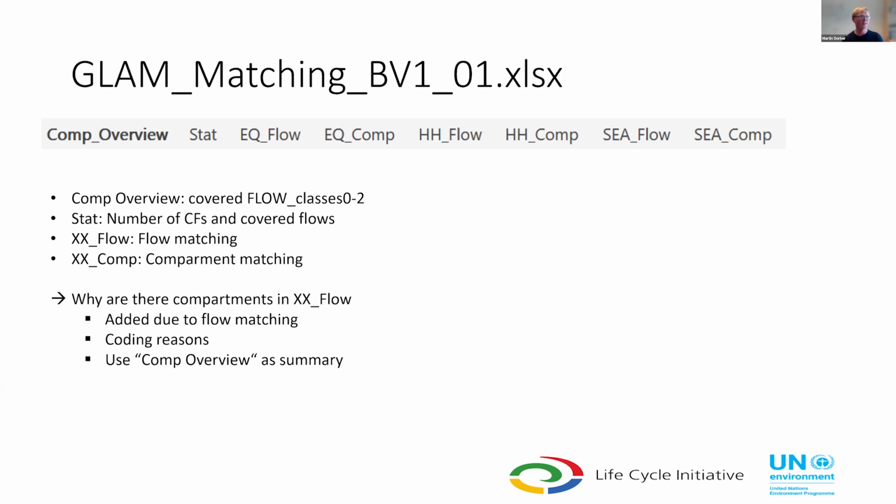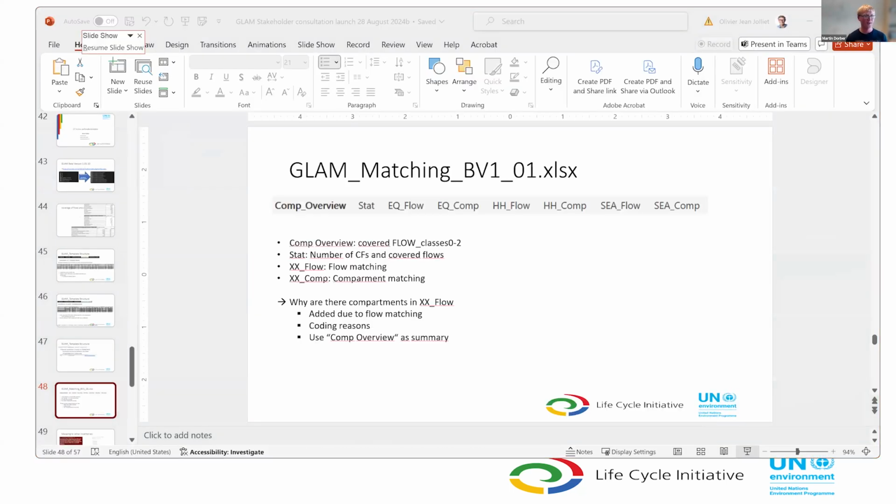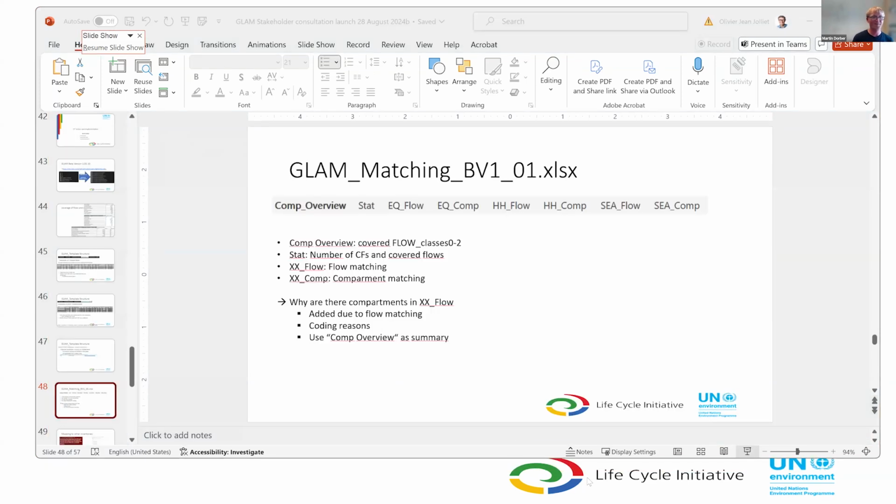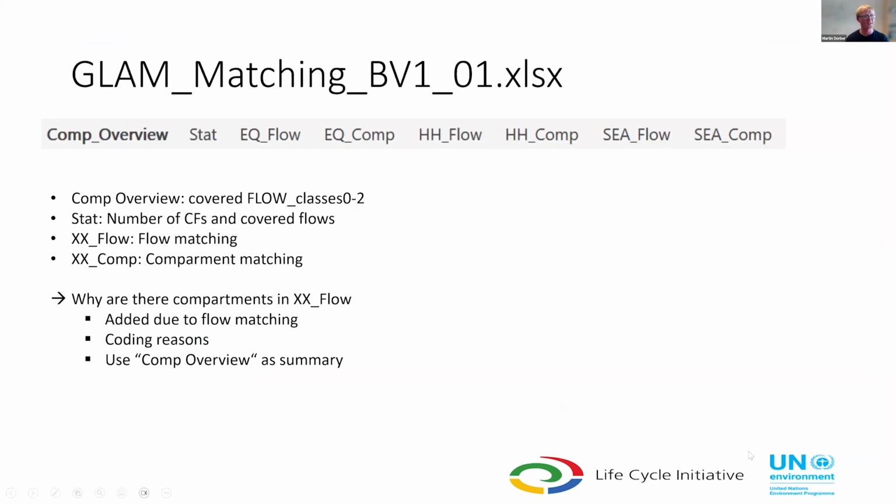And then whenever you look into this sheet, there's something called flow and something called compartment. In the flow, you will find the flow matching, and in the comp, you will find the compartment matching. Now, if someone really digs into it, they may ask why there is also a compartment in these flow sheets. This is because I sometimes have to add compartments just because of the flow matching.